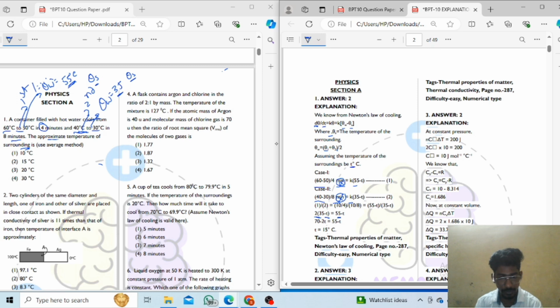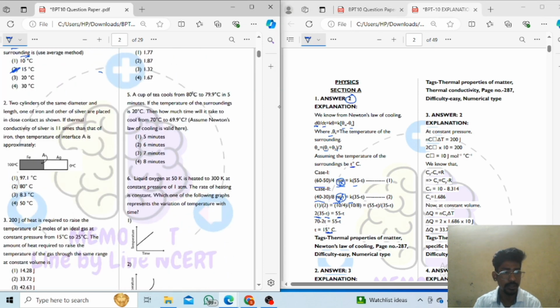If you multiply it, you will get 70 minus 2t equals 55 minus t. From that you will get plus t equals 70 minus 55 equals 15 degree. Therefore the answer is 15 degree, which is option 2.